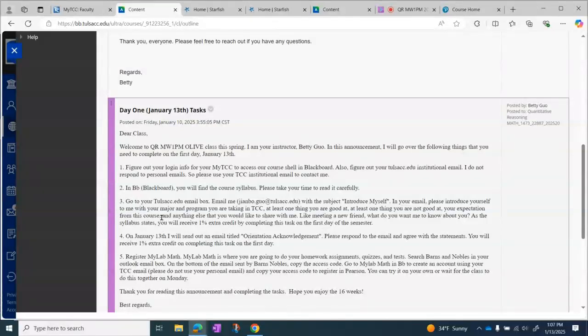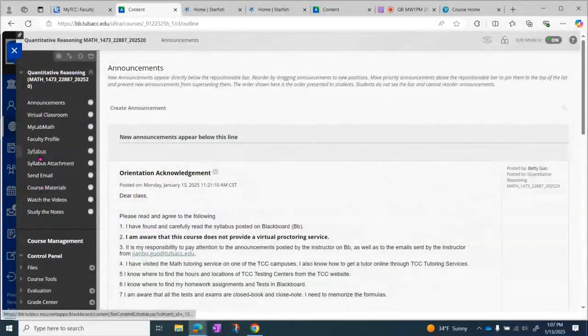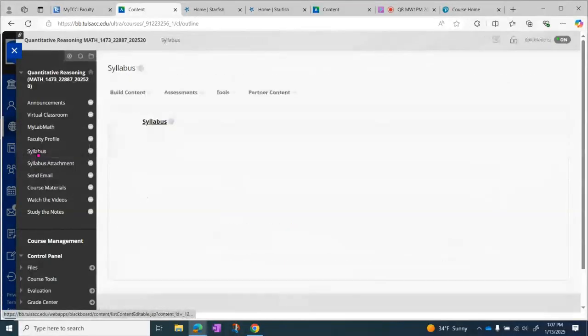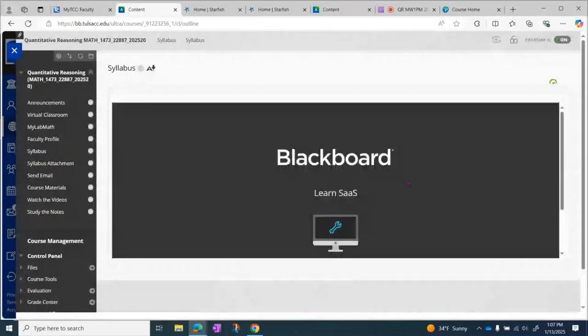And second thing, in Blackboard, we need to find the course syllabus and take time to read the information in the syllabus. How do you find the syllabus? In the menu, look at here, syllabus, you click it, and click here, you can download the syllabus.